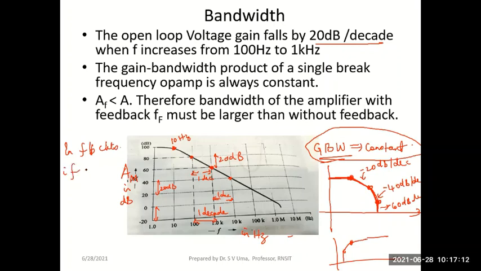If the gain with feedback decreases, then the bandwidth with feedback should increase so as to maintain what? Constant gain bandwidth product. The product of gain into bandwidth should remain constant. So if one of the factors decreases, the other factor should automatically increase to maintain a constant gain bandwidth product. Okay.